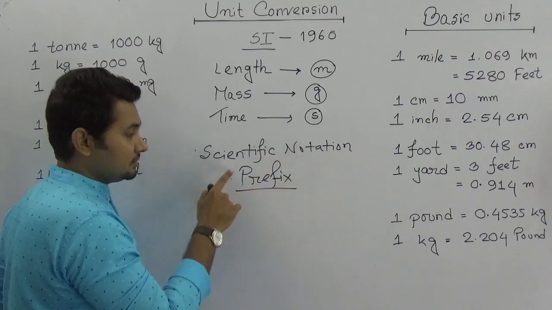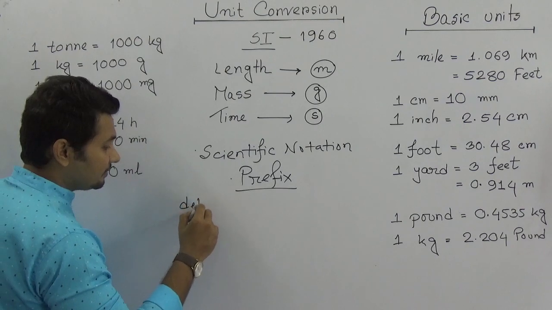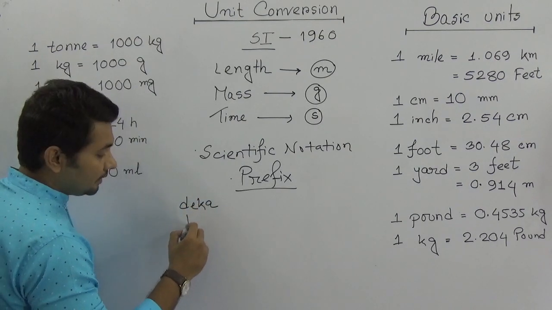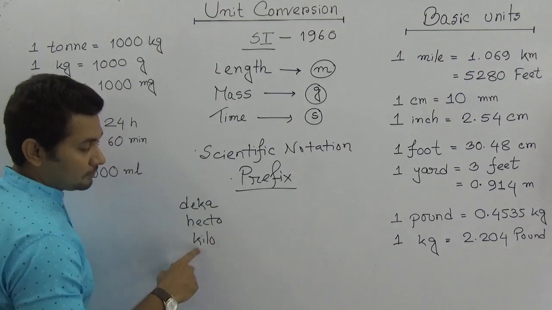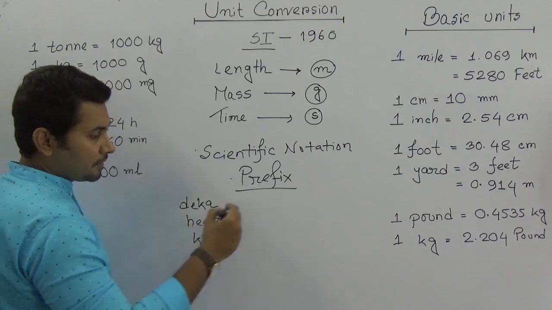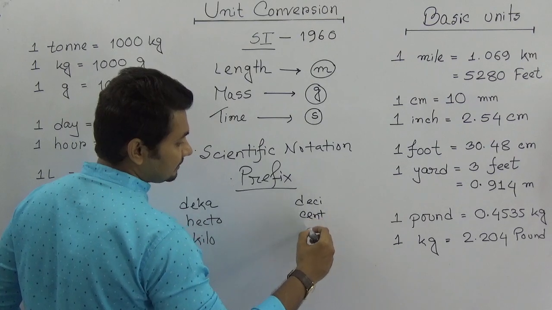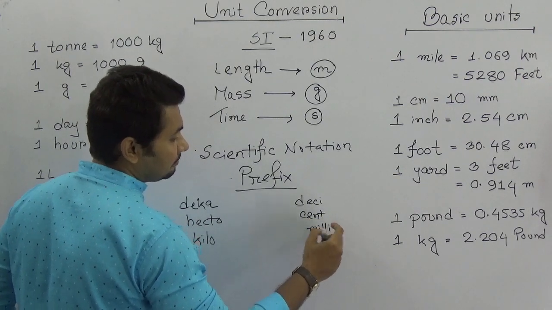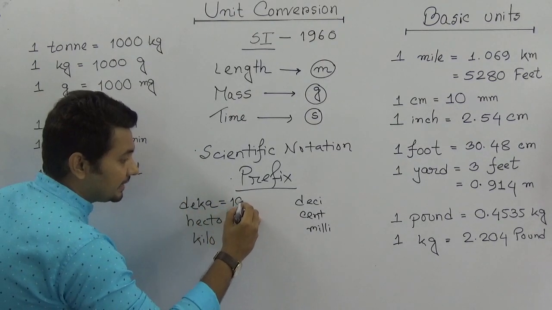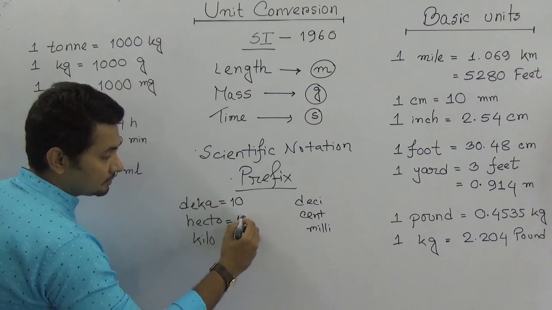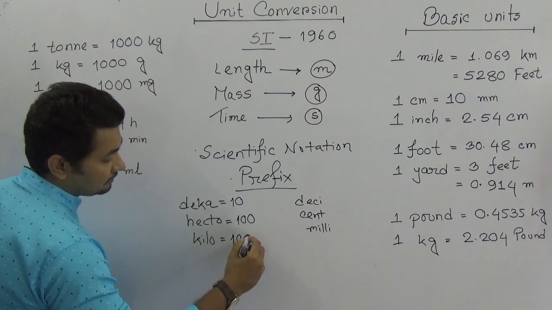So scientific notation and prefixes, because you must have heard about deca, hecto and kilo. Deca, hecto, kilo. Or even deci, centi and milli. Deca is 10, hecto is 100 and kilo is equal to 1000.